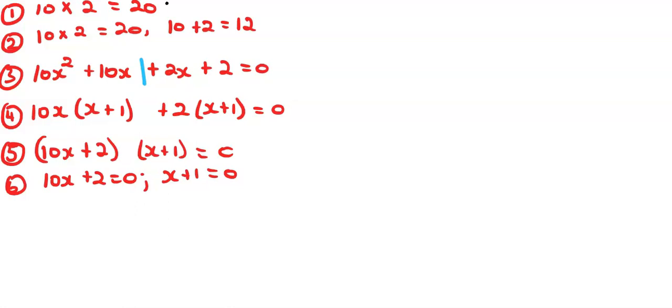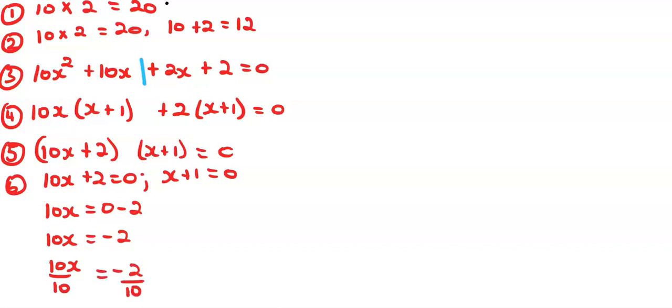So what we have here, guys, is 10x is equal to 0 minus 2, so 10x is equal to negative 2. In order to get the x by itself, we have to divide by the coefficient of the x term. So we're going to divide both sides of the equation by 10.